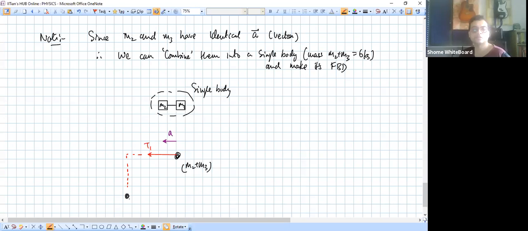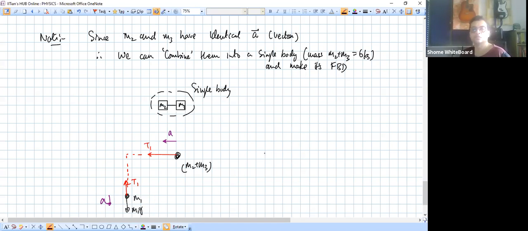So this is M1. And what forces are acting on this? There is its own weight, and there is the same magnitude of tension, but it's acting vertically upwards. So T1, and it's having the same magnitude of acceleration but downwards. Okay. So now we have two FBDs only. So the amount of work we have to do is a lot less.